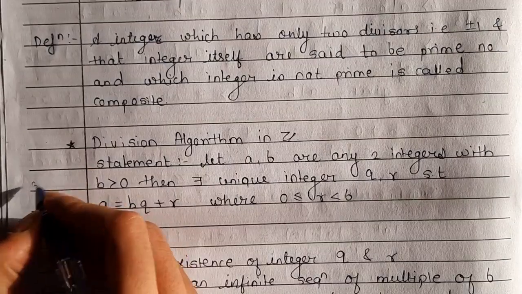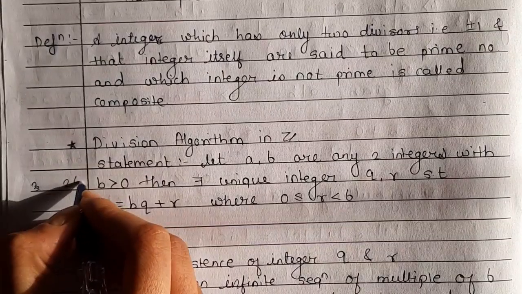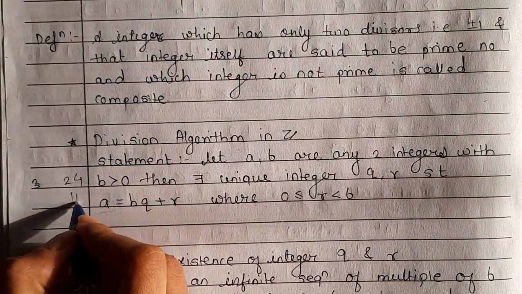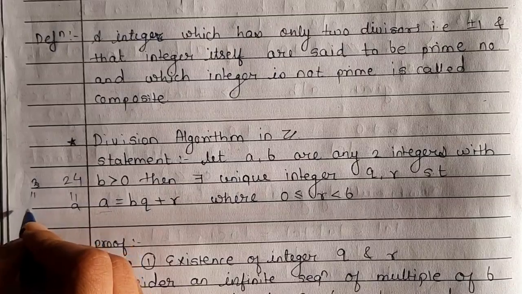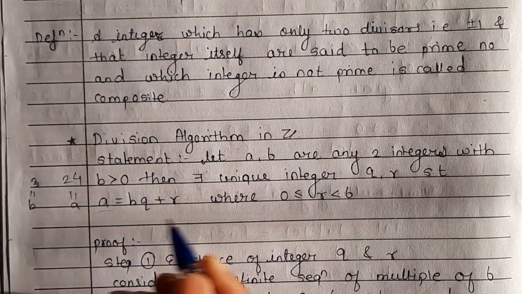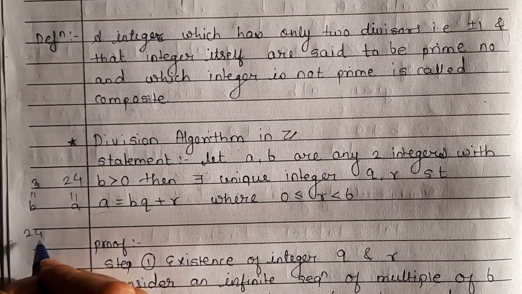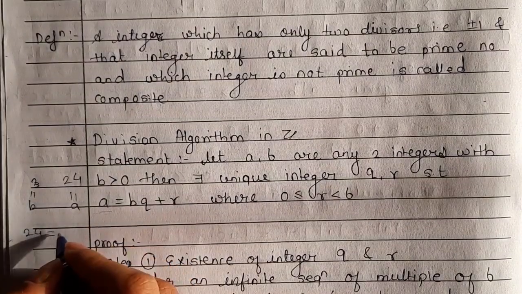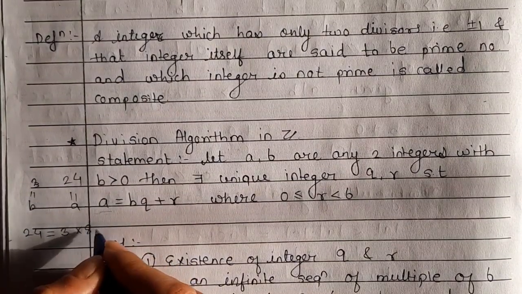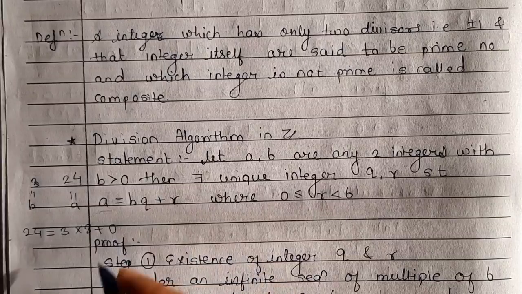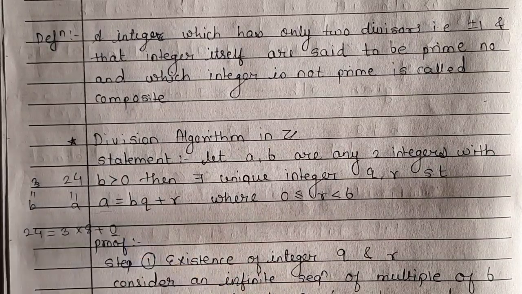I took 3 and 24. 24 is our a and 3 is our b. So we write 24 is equal to 3 into 8 plus 0. 0 is our remainder.